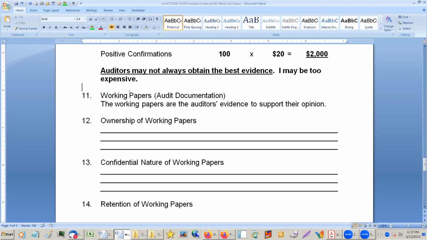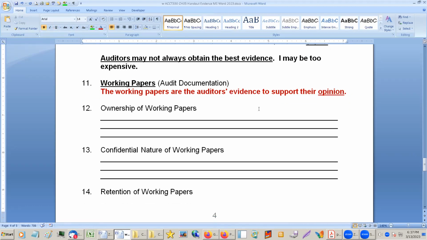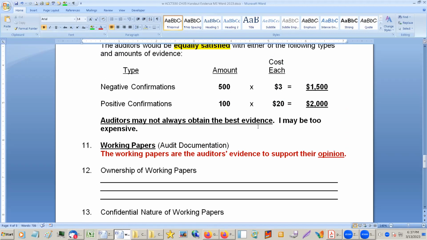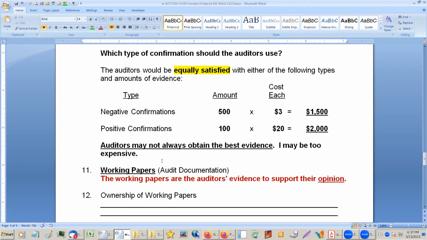Working papers, sometimes called work papers. And those are to support your opinion, and you kind of set them up almost as if you're going into court. Because if there's a problem with the audit, that very well may be where you end up. So the working papers are the auditor's evidence to support their opinion.